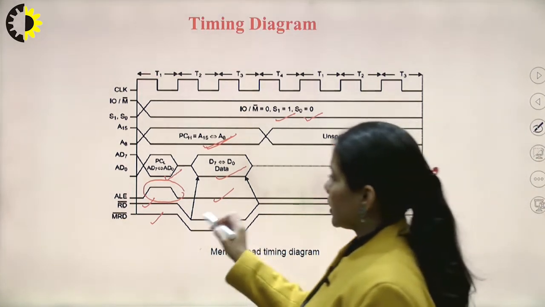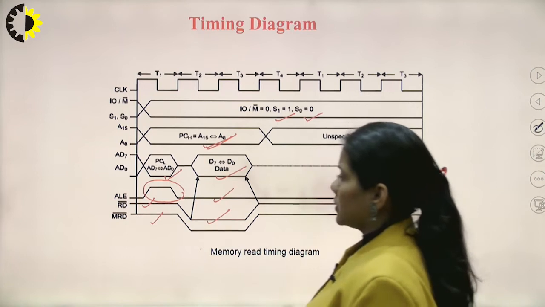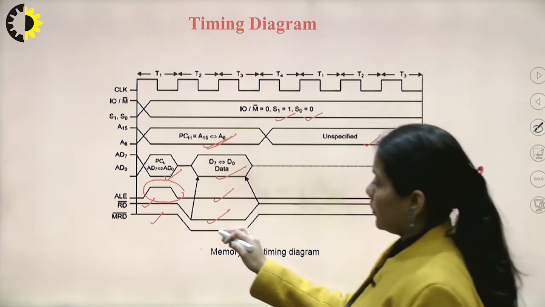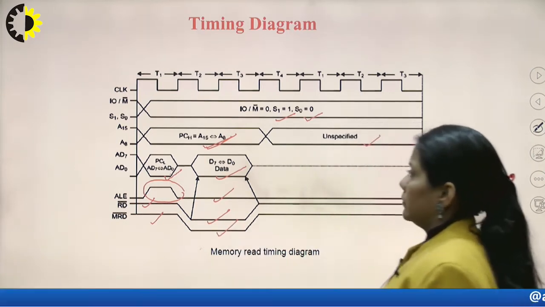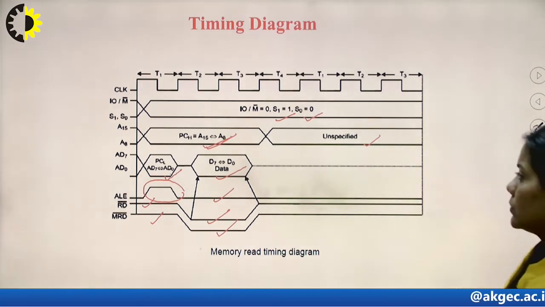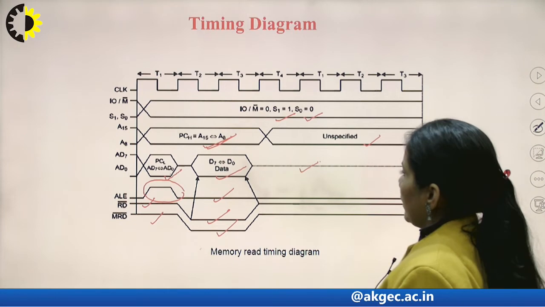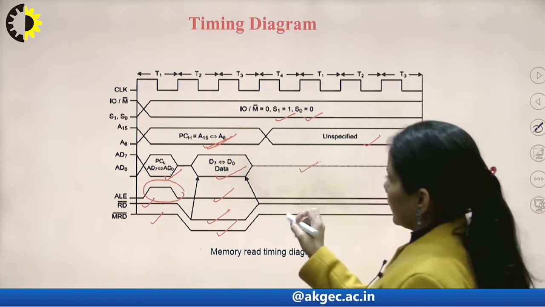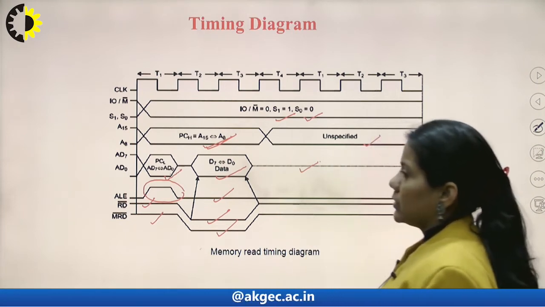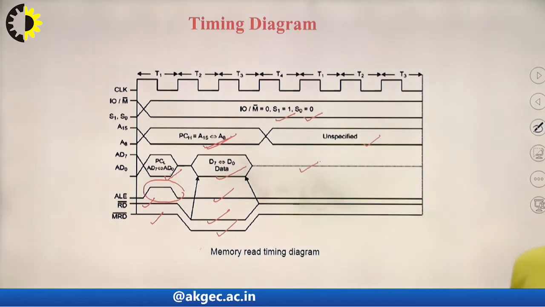The read operation is activated, that's why the read signal is activated, and memory read is also activated. This indicates the unspecified state. In this way, this completes the timing diagram of memory read.